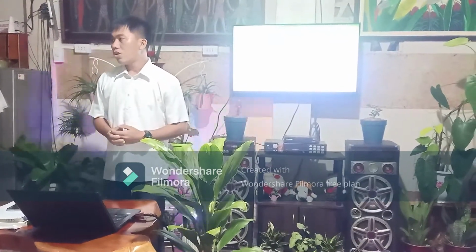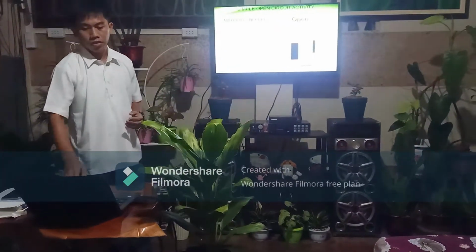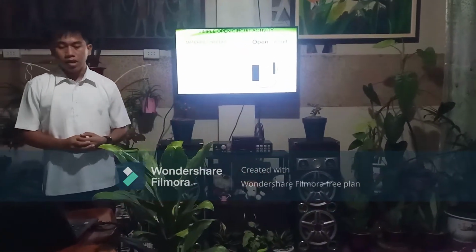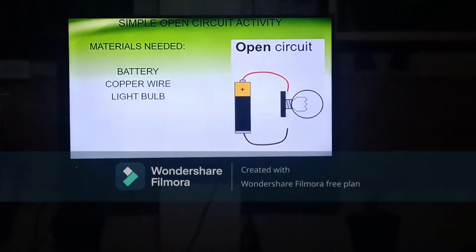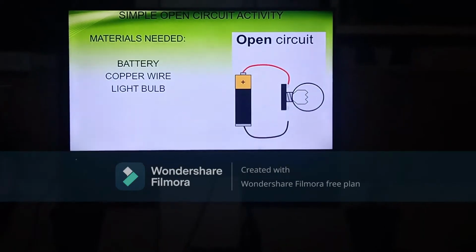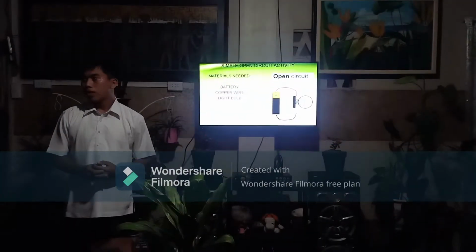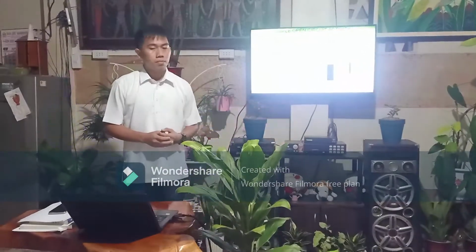All you need to do is assemble an open, simple circuit. The materials needed are as follows: the battery, the copper wire, and the light bulb. Using the diagram, you're going to assemble it by group. Group members will work as a team.